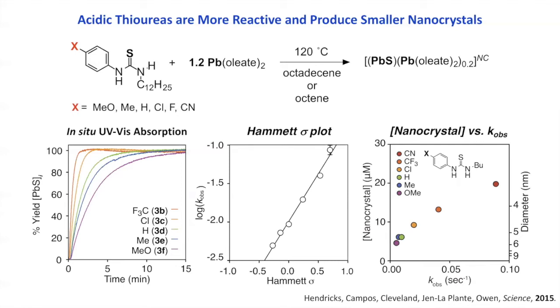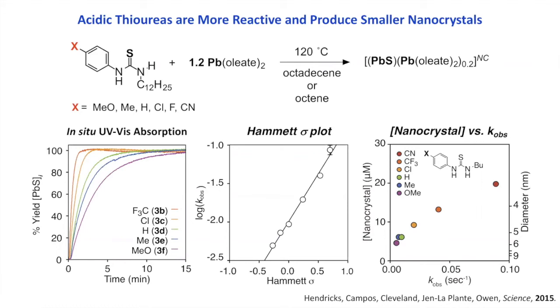The more important plot is shown on the right, where we take these rate constants extracted by fitting those curves to a single exponential, and we plot them versus the concentration of crystals. Further to the right is a faster reaction and a higher concentration of crystals. And you can see a steady increase in the number of crystals with reactivity. Faster reacting substrates give you more particles at the end of the day than slower reacting ones do.